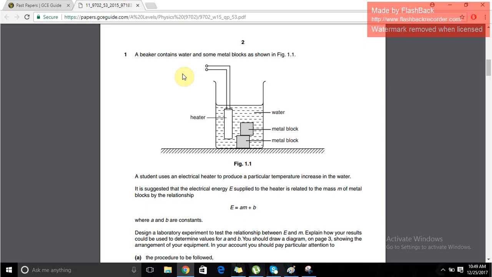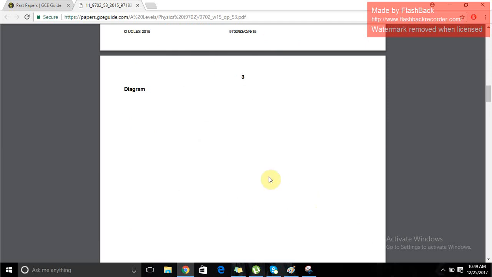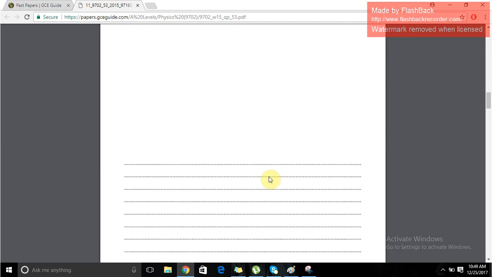You may even label the rheostat, but I believe only 2 labels are considered necessary, right? So you have basically drawn out what you will in the diagram portion. Next over here you write independent variable, the value of M, dependent variable, the value of E, and the controlled variable could be the volume of water, the surrounding temperature.